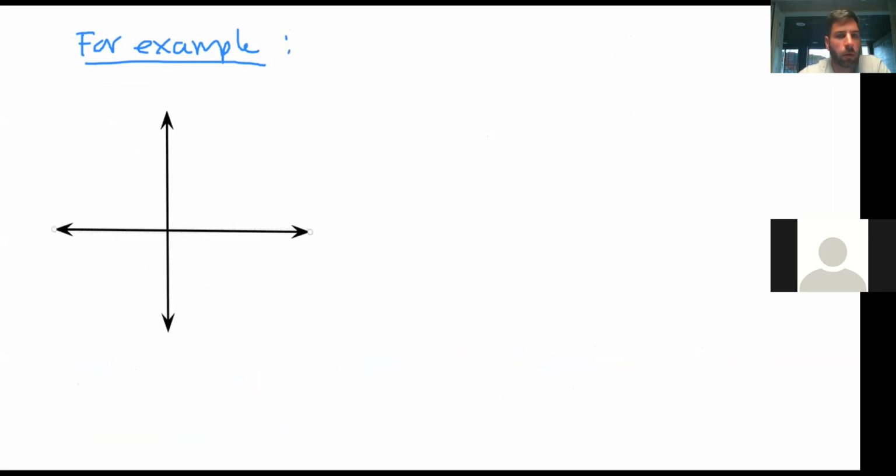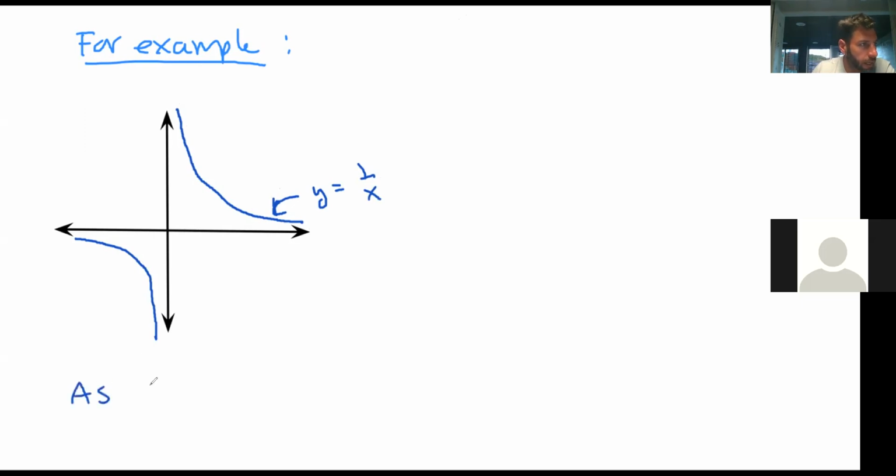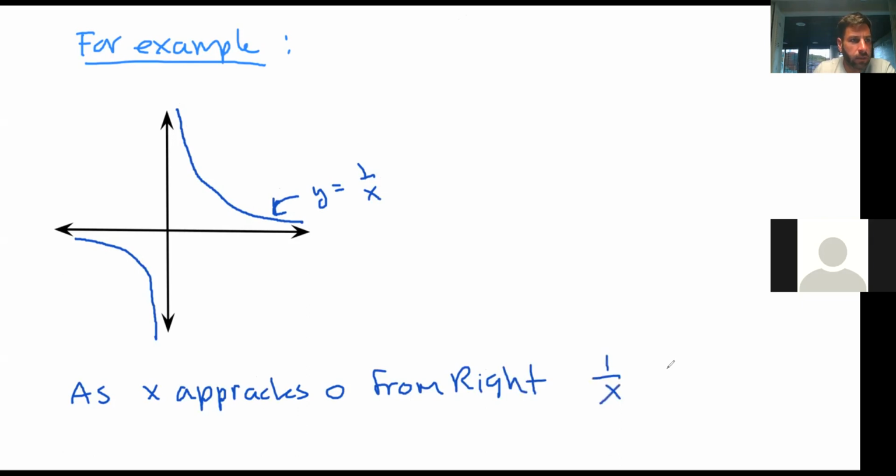Well, the graph of 1 over x looks like this. So again, this is the graph. What we notice is as x approaches 0 from the right, 1 over x gets large.